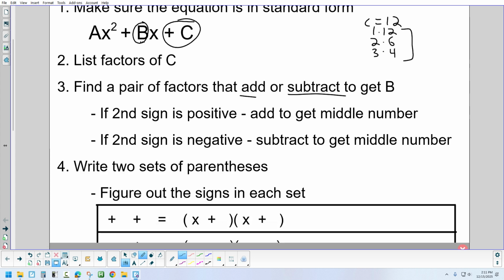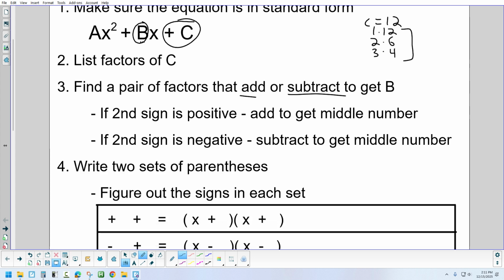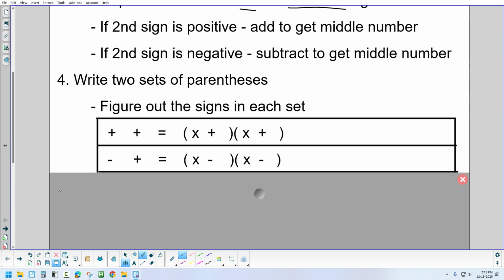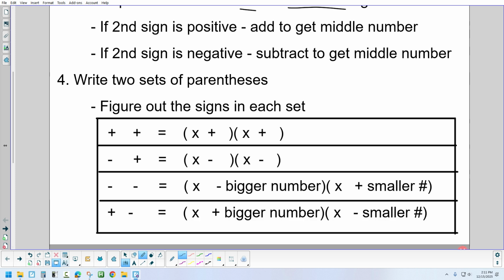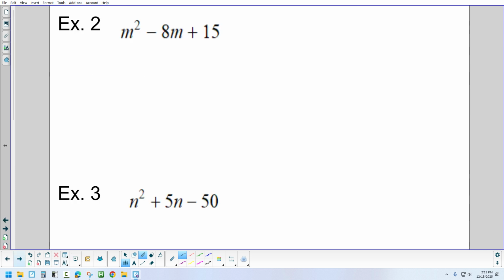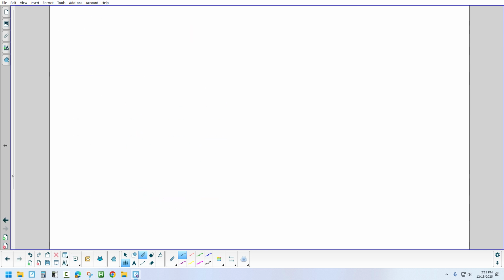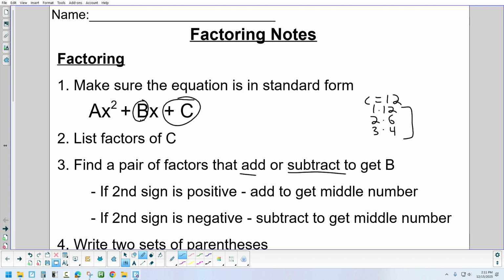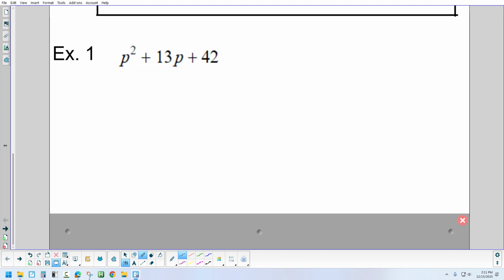To figure out our parentheses, we're going to have a chart. You guys already have this chart in your notes. There's 4 different kinds of problems that you can have. You can have a problem that has plus and plus. That's one kind of problem.